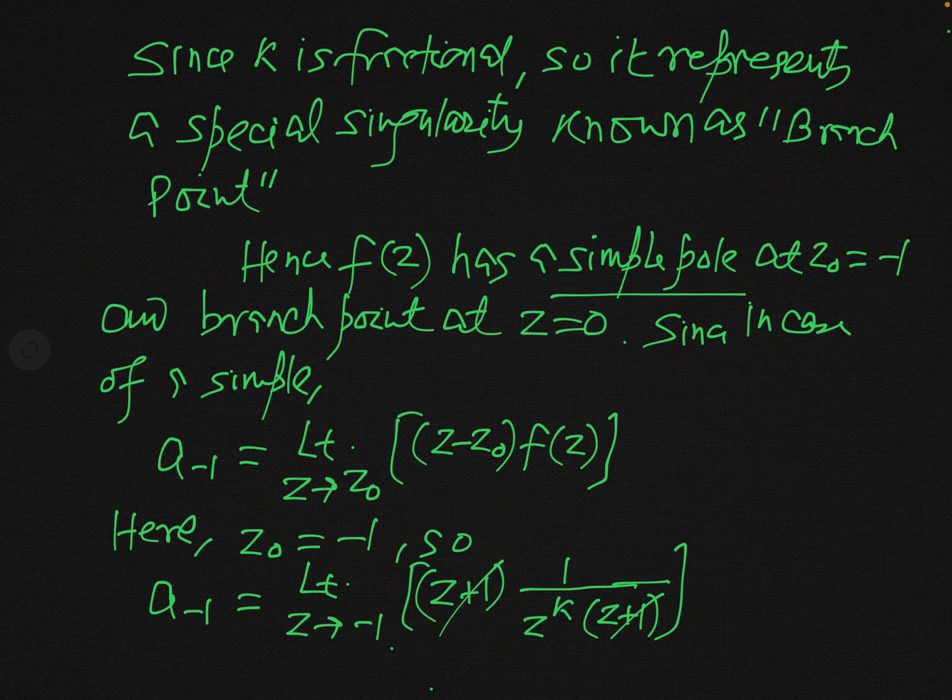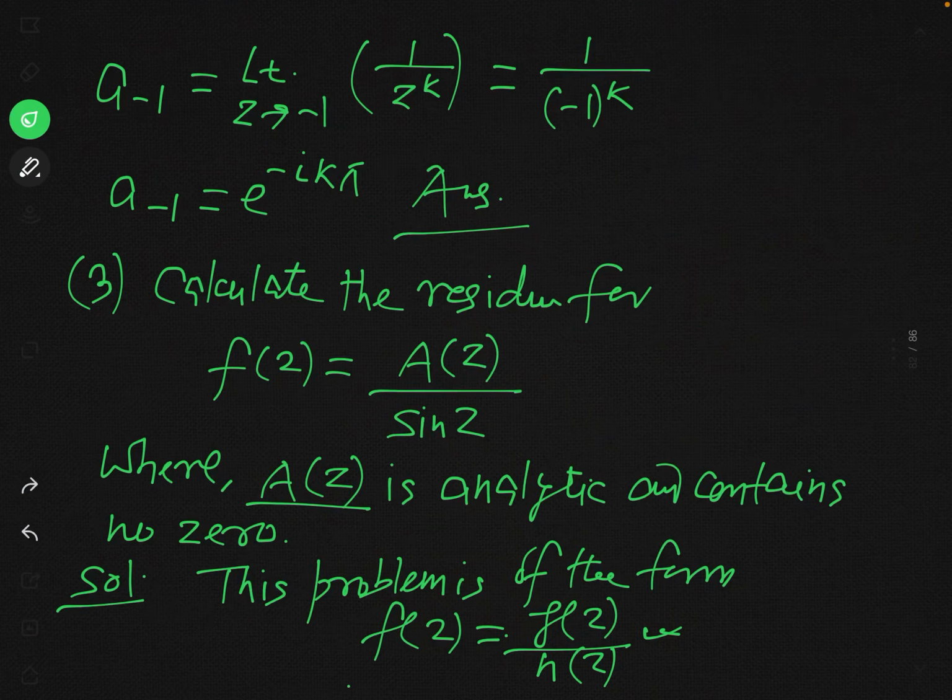what will be our result? Our result will be a minus 1 equal to the limit as z tends to minus 1 of z plus 1 into 1 over z to the power k into z plus 1. So this z plus 1 will cancel out, and our result is simply a minus 1 equal to the limit as z tends to minus 1 of 1 over z to the power k.